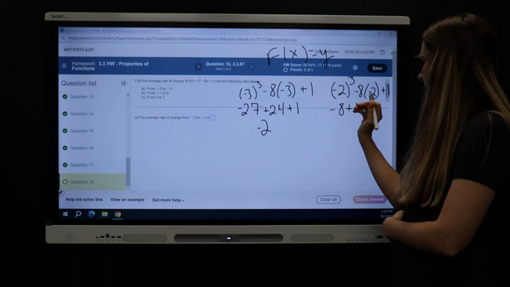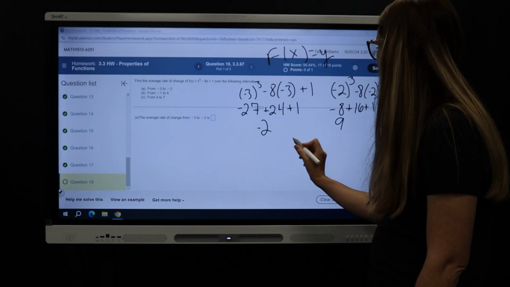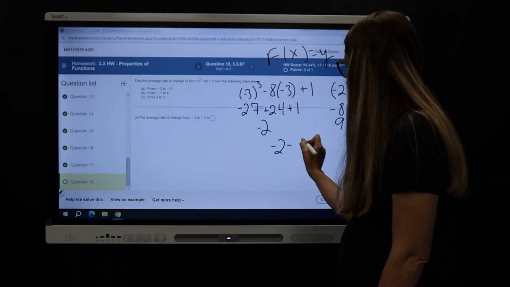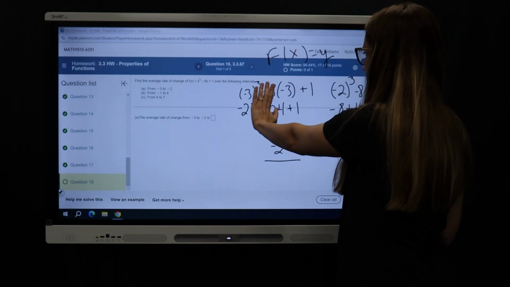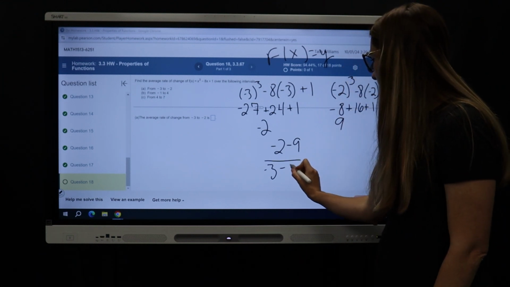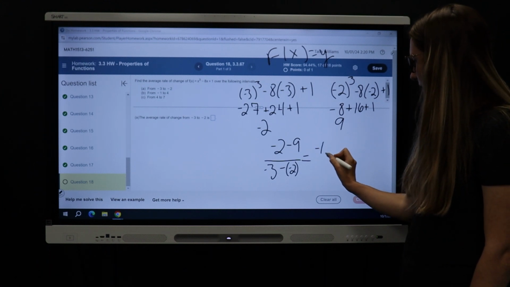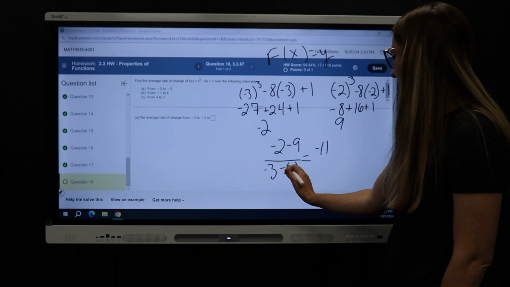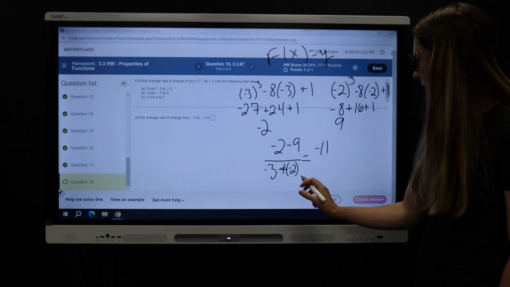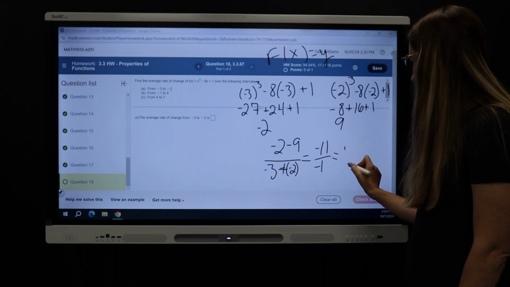Negative 8 plus 16 is 8, plus 1 is 9. Okay, so I'm going to have negative 2 minus 9 over, and since I did this one first, we're going to do negative 3 subtract negative 2. Negative 2 minus 9 is negative 11, and then negative 3, and when you subtract the negative you add, would be negative 1. Negative divided by a negative is a positive.